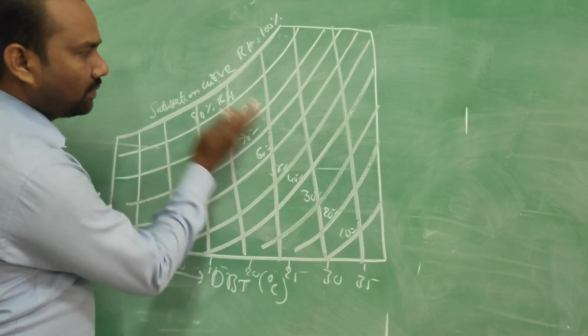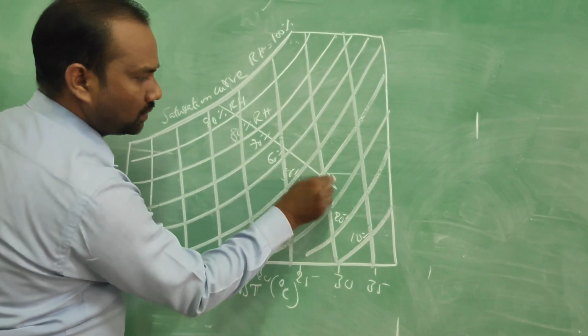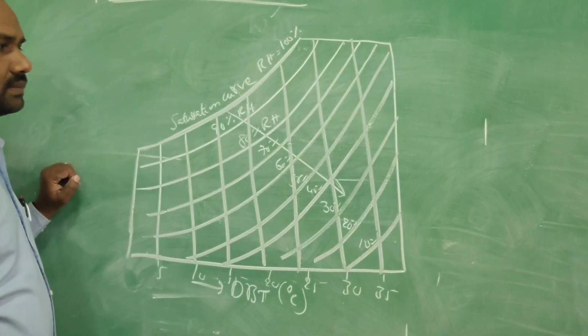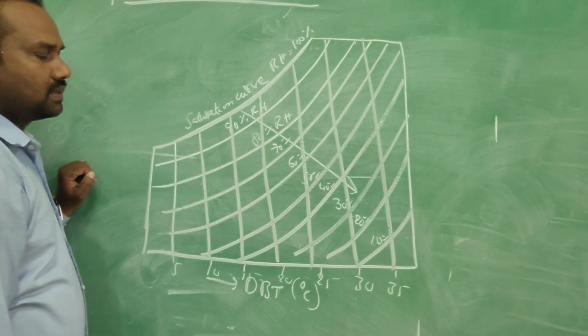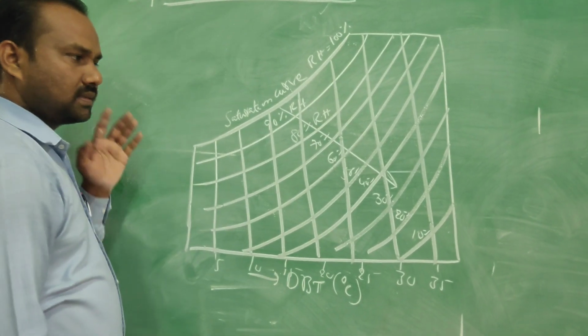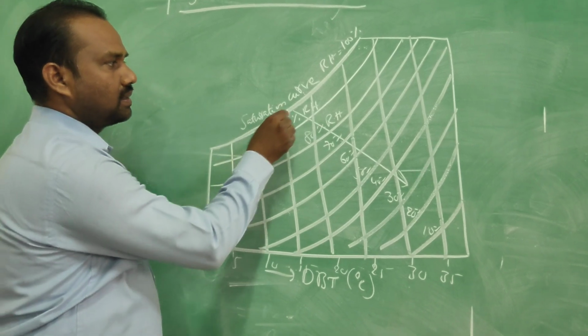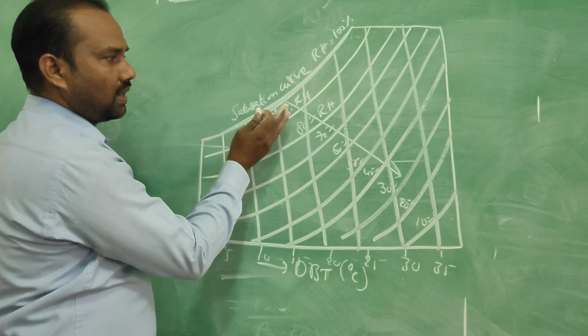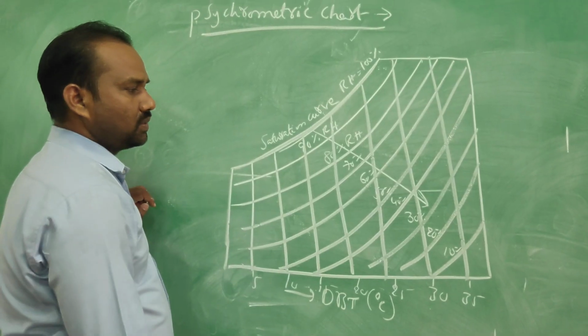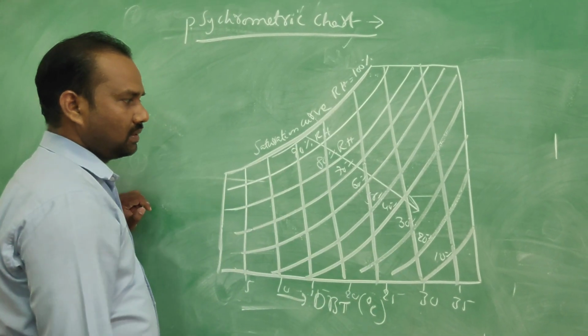As we move away from the saturation curve, the relative humidity value goes on decreasing, right? These are 100% on the saturation curve, and these values are reduced when moving away from the saturation curve.